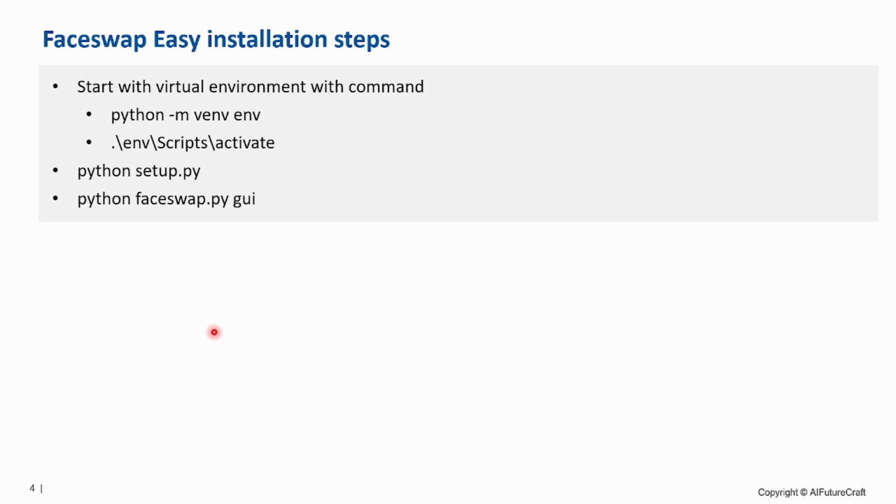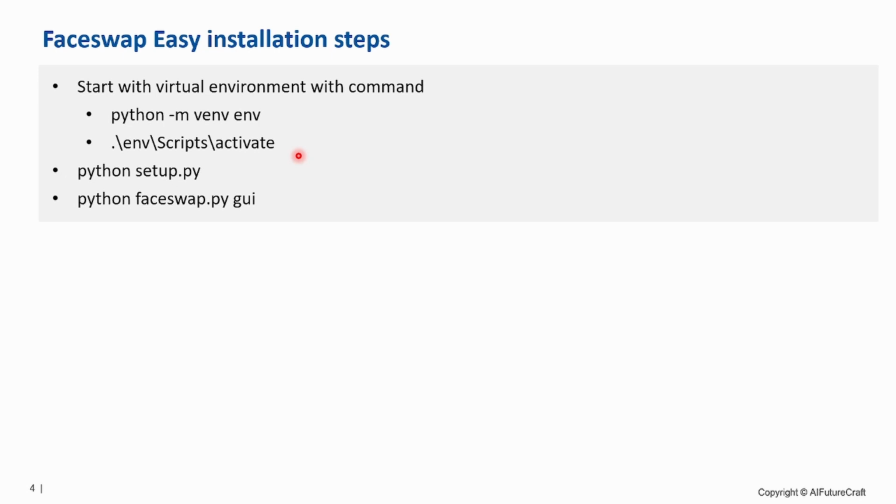So it's better to go with a virtual environment in Python so that it will store all the required dependencies and your software will run smoothly. To configure a virtual environment, in the command prompt we just write python -m venv. It will create the virtual environment for you, and then you can activate the environment by writing this command.